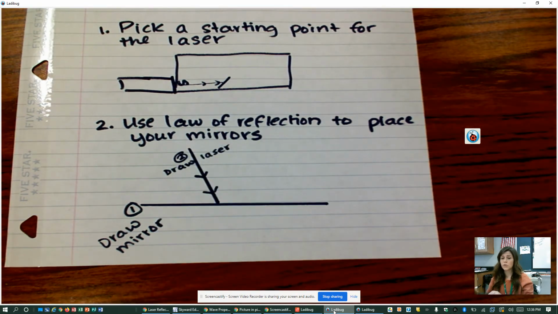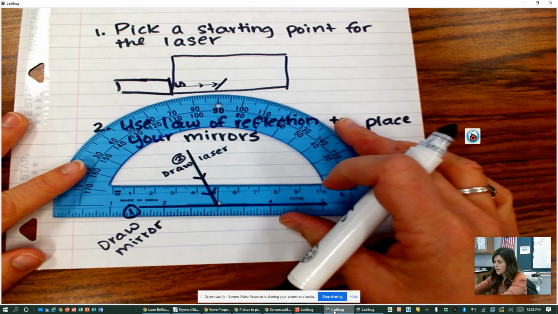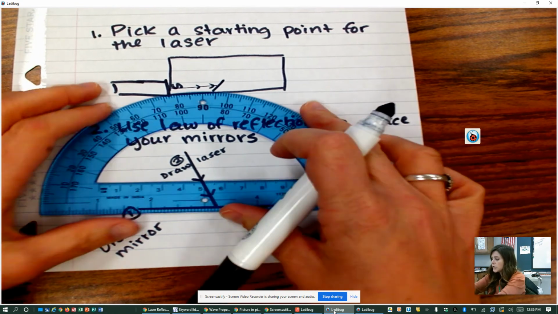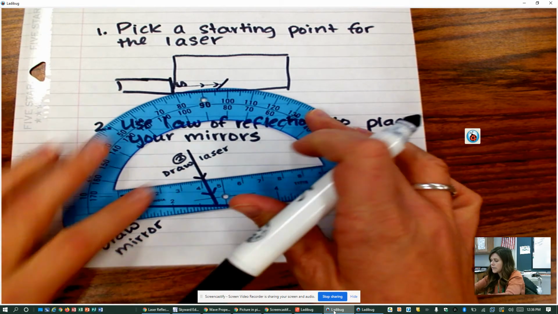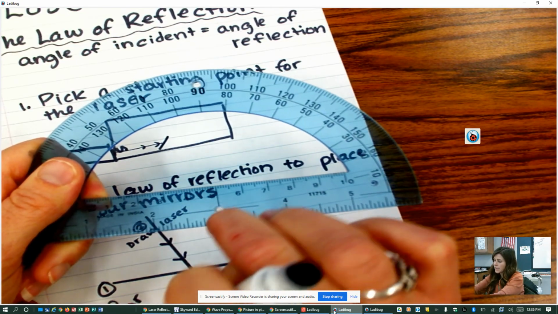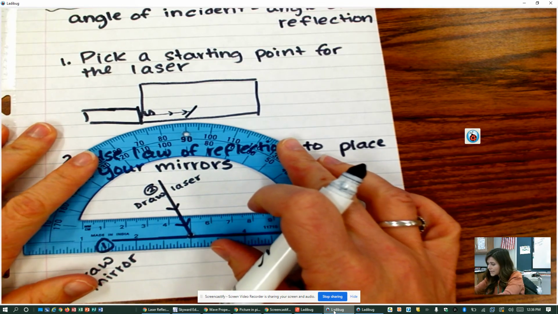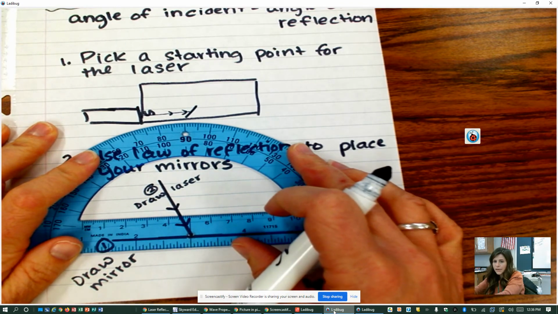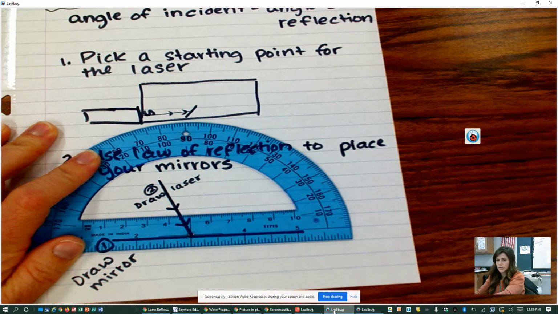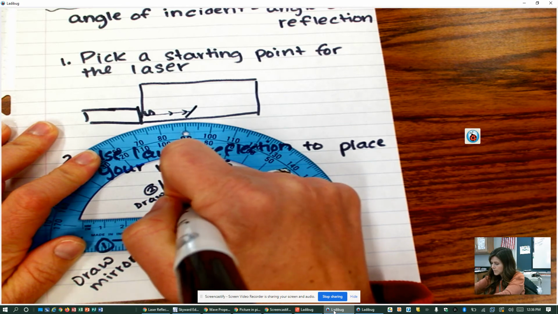Step three is drawing normal. So what I need to do is put my protractor. There are lines on the protractor that you can see. There's a line right here, this black line here, and then there's that circle. We're going to put that circle so that it hits right where that laser hit the mirror. So do you see where that is? And we're going to draw the normal. So that's what this is right here.